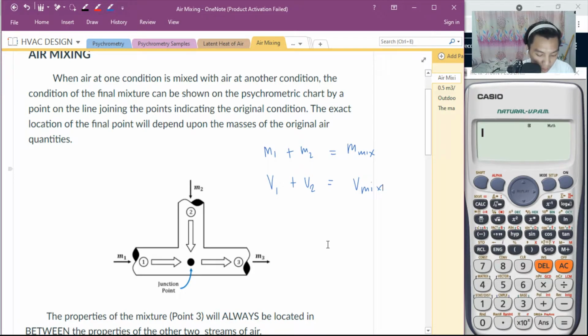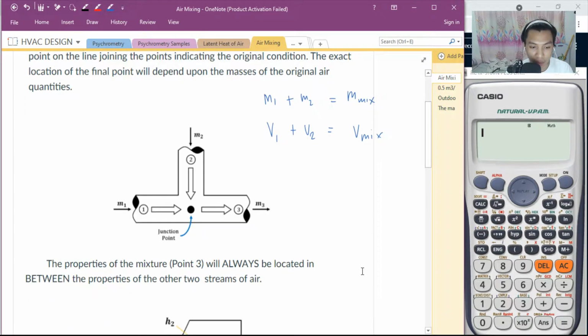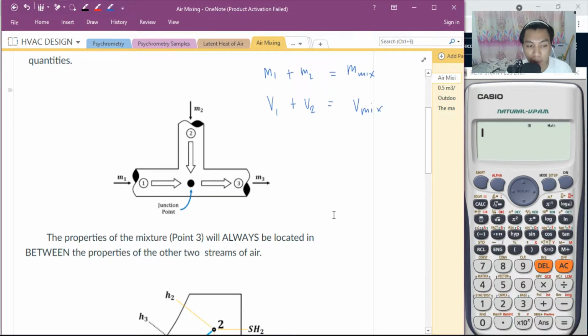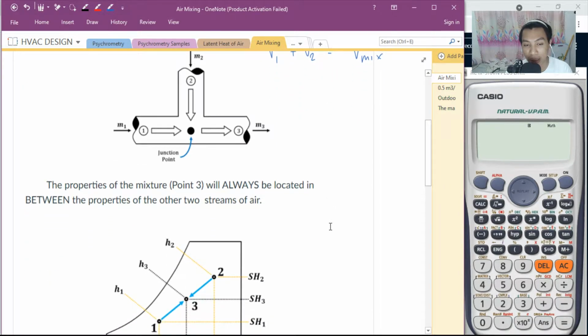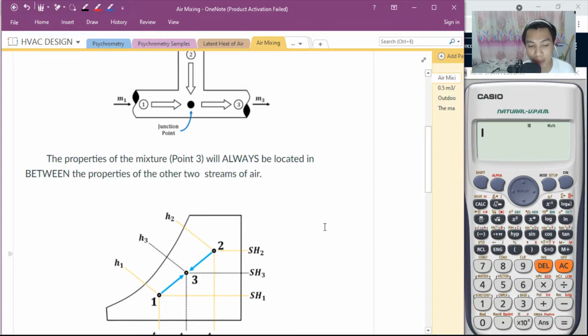Now, the process of the mixture at the junction to the point where it will be coming out of the system will always be located in between the properties of the two air streams. Now, yung two air streams na pinag-uusapan natin is the point where 1 came and 2 came and they meet to a common place at 3.